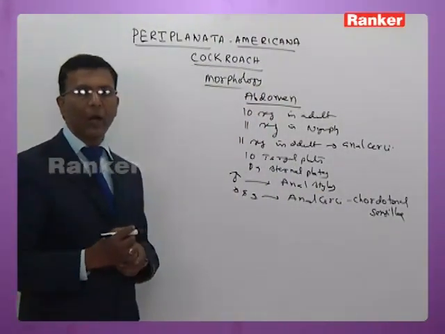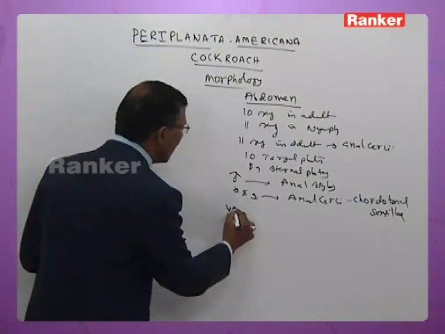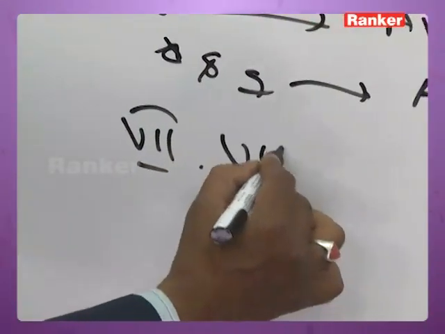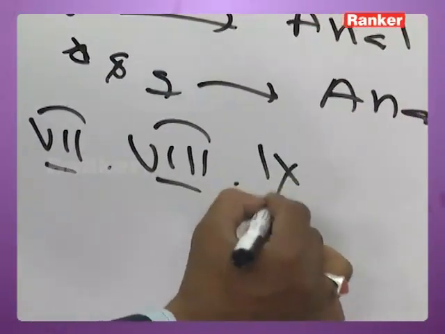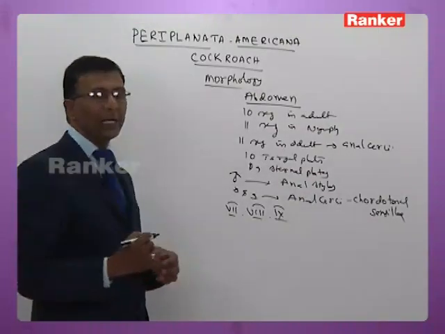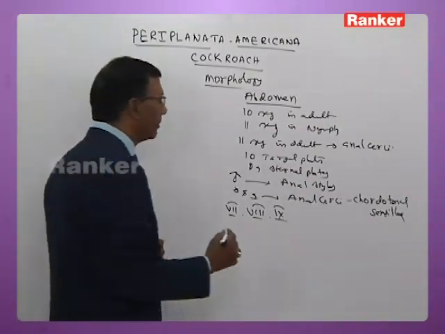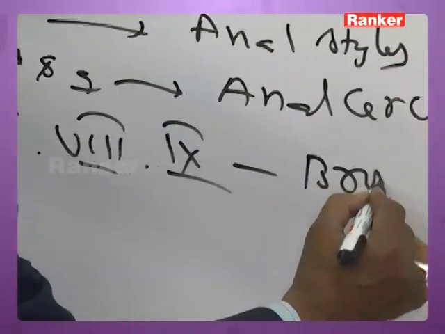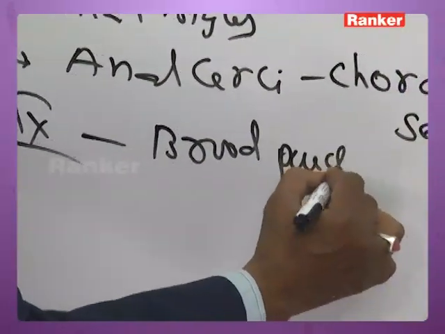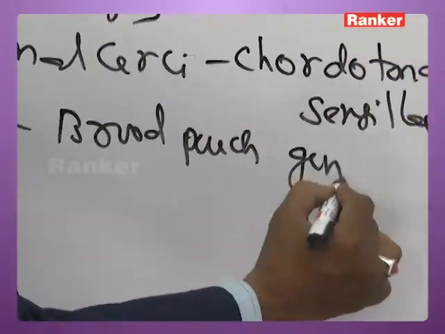Then in female cockroach, 7th, 8th and 9th sternal plates fuse to form a complex structure called brood pouch or genital pouch.